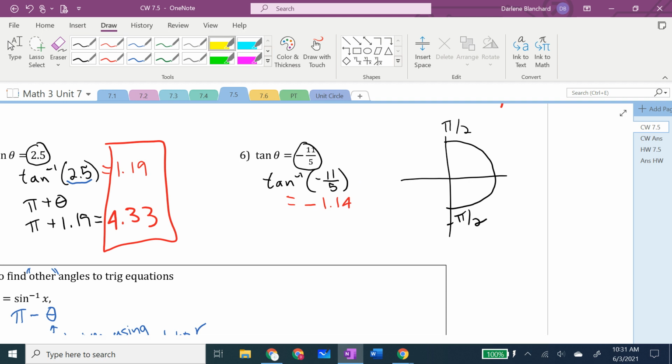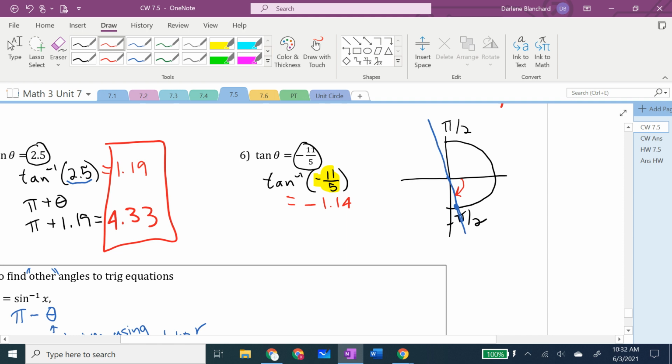Now, you don't have to be aware of it, but if I draw a line with a slope of negative 11/5, which I'm not going to be able to draw accurately, I'm just going to guess, my calculator gave me this negative angle.